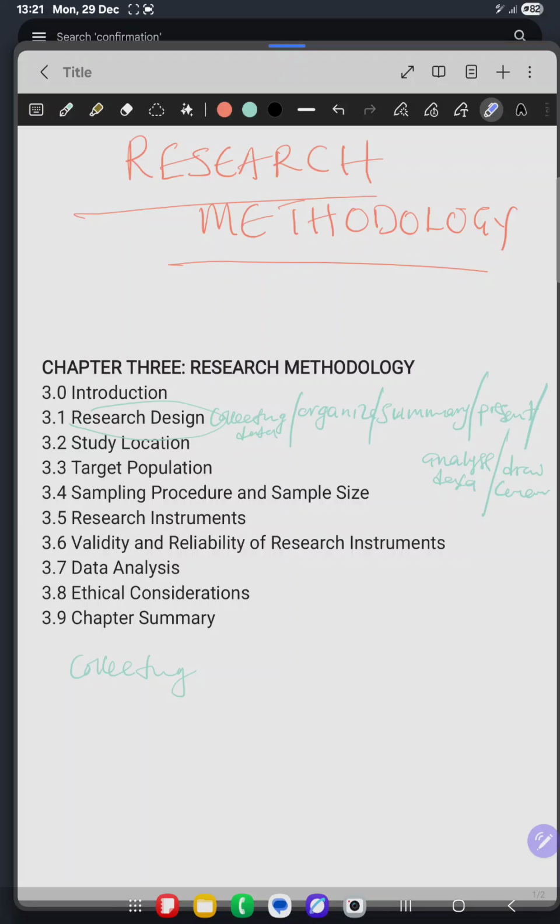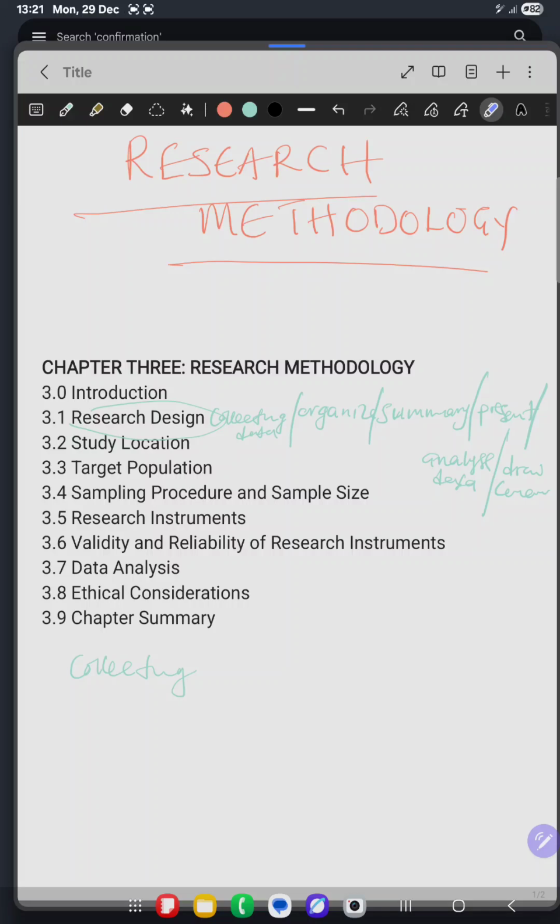That is the study population, and mostly we do mention the district. So if you are conducting your research in Chongwe, you can say that the study population of this study or of this research will be Chongwe district of Lusaka province, Zambia. That is how you write the study population, or that's what we mean by saying study population.